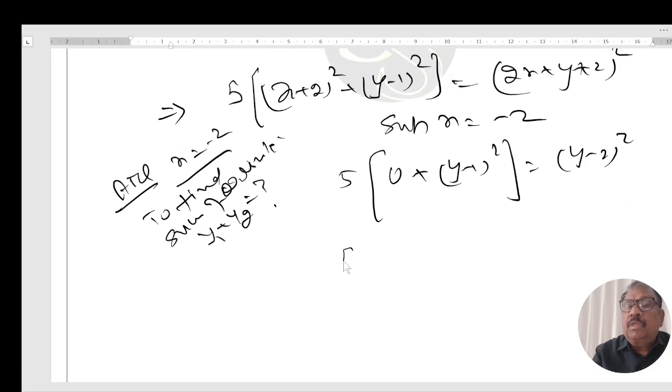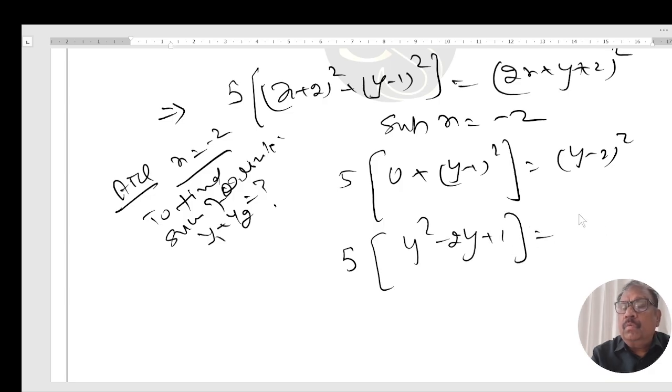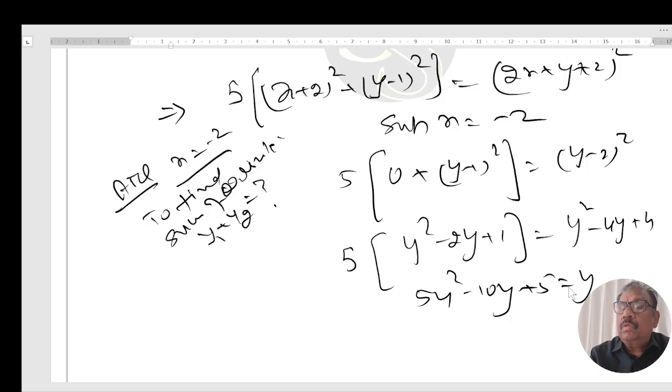On simplification, this comes out to be 5(y square minus 2y plus 1) equal to y square minus 4y plus 4. So 5y square minus 10y plus 5 equal to y square minus 4y plus 4. That comes out to 4y square minus 6y plus 1 equal to 0.